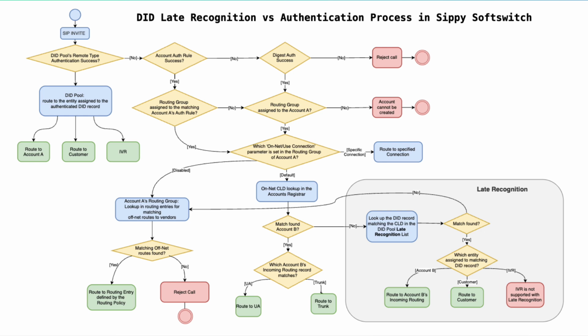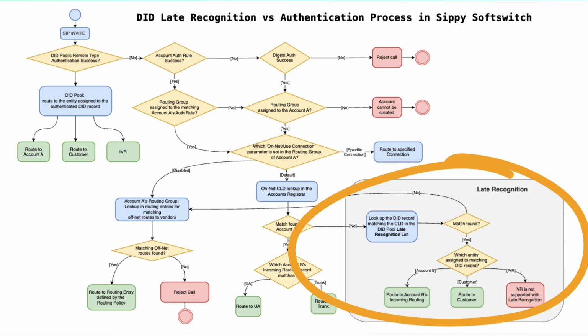Late DID recognition is a powerful tool that addresses this specific issue by allowing calls that fail remote DID pool authentication, but are successfully authenticated via authentication rules or digest authentication, to still be routed to the DID pool's assigned entities. For example, soft phone devices typically use dynamic IP addresses.